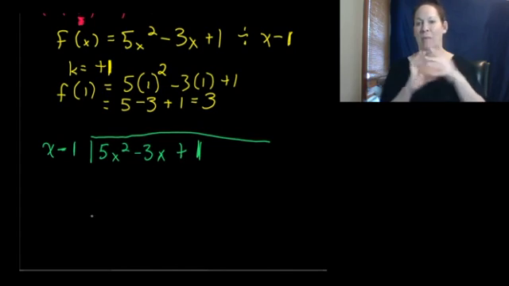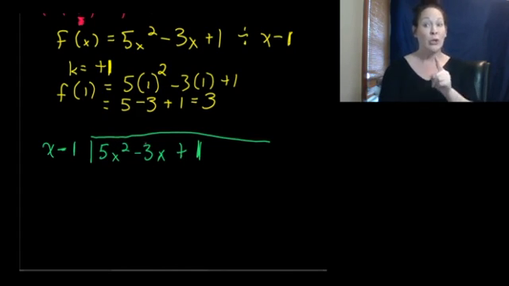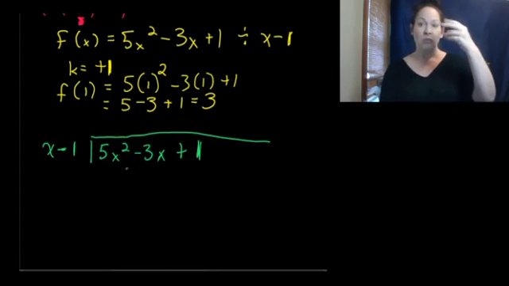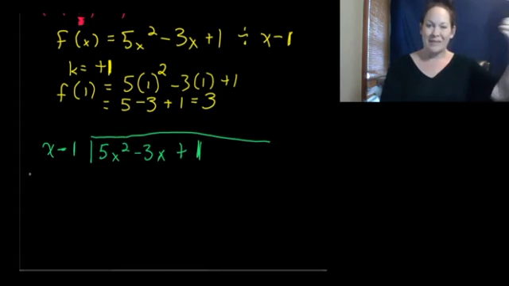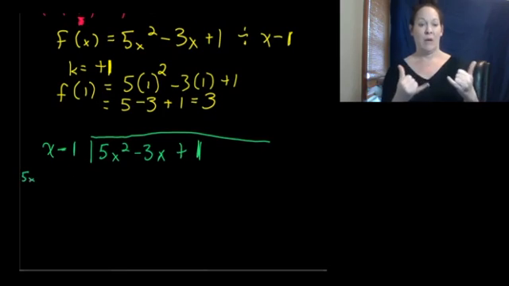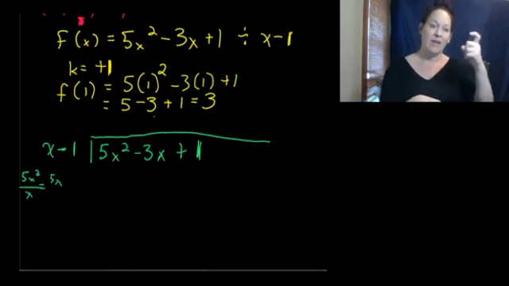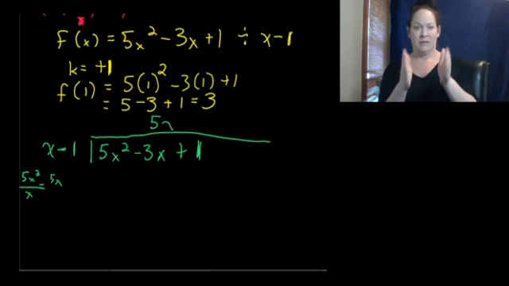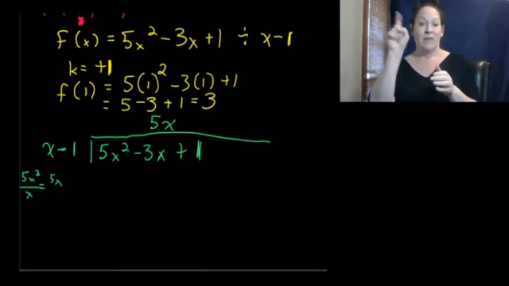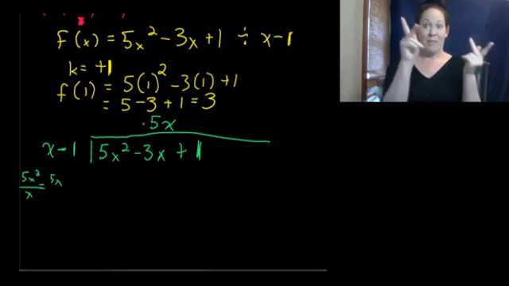Well, look, we're going to verify it here. I made sure my exponents go in descending order, and I focus on my leading terms. So 5x squared divided by x is going to give me 5x. So my first part is 5x. And I'm going to multiply this to each term here.